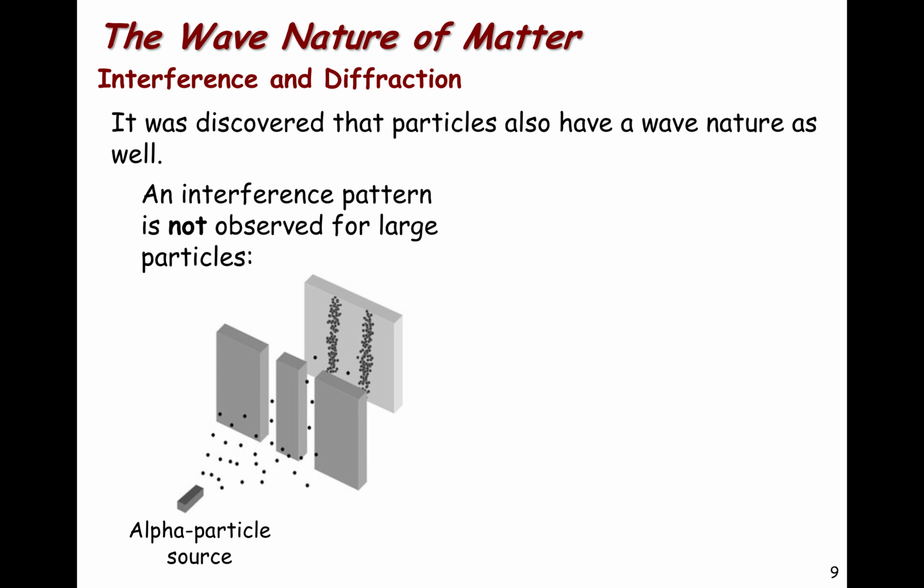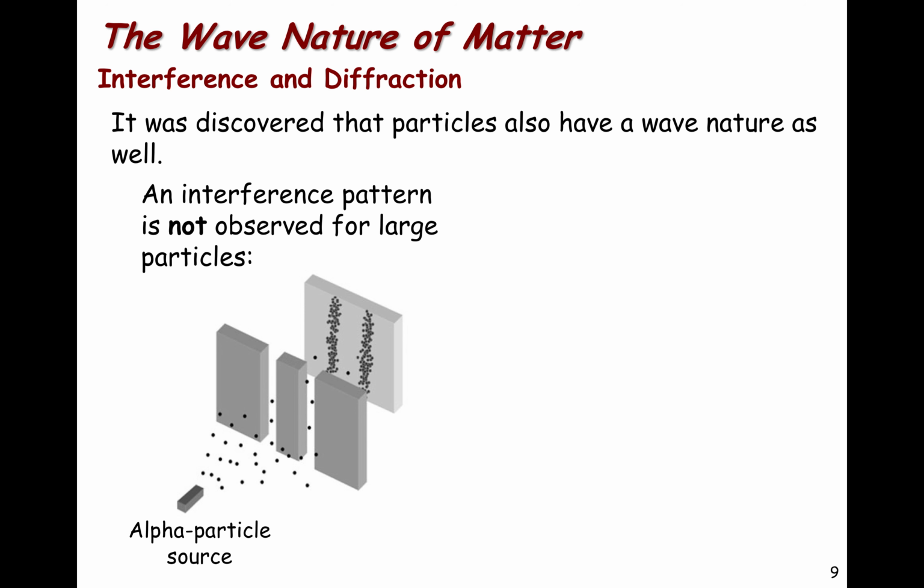This is indeed what is observed for relatively large particles. For example, if we have a source of alpha particles focused on a double slit, you see just two lines on the screen that match up fairly well with where the particles are passing through the two openings.